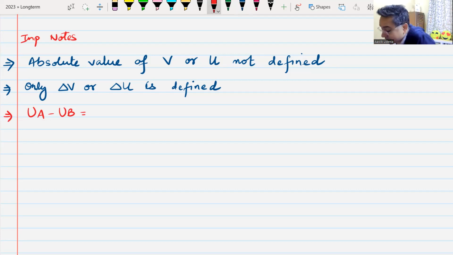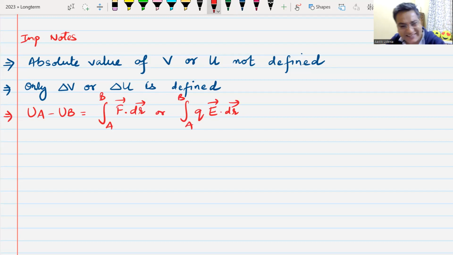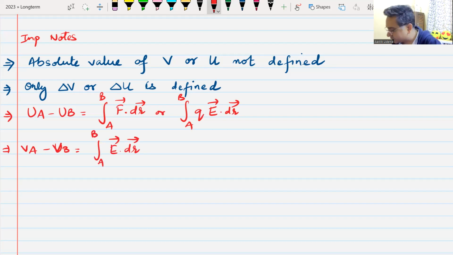UA minus UB is integral of F dot dr from A to B, or you can write it as integral of qE dot dr from A to B. Even if you don't remember what this is, remember it as U. The change in potential VA minus VB is integral of E dot dr from A to B.